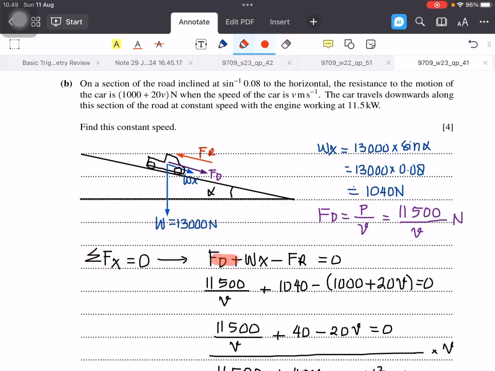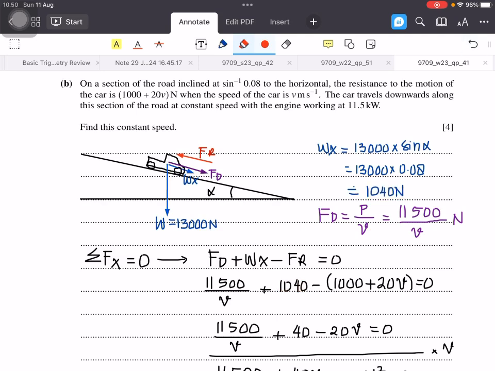The equation will be, according to this diagram, the driving force plus Wx minus resistance force is equal to 0. The driving force in terms of V is 11,500 over V. Wx we found before, 1040 Newton.